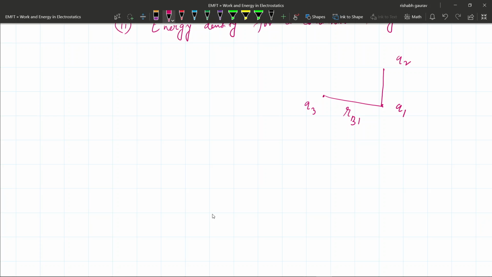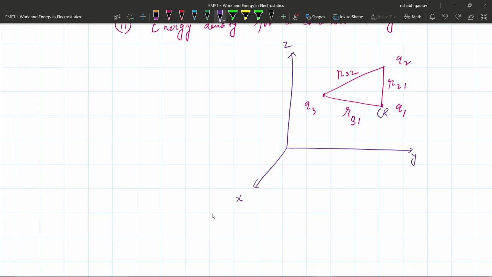And let's say the respective distances between them are given by R31, R21 and R32, and let's say Q1 is present at the position vector R1.